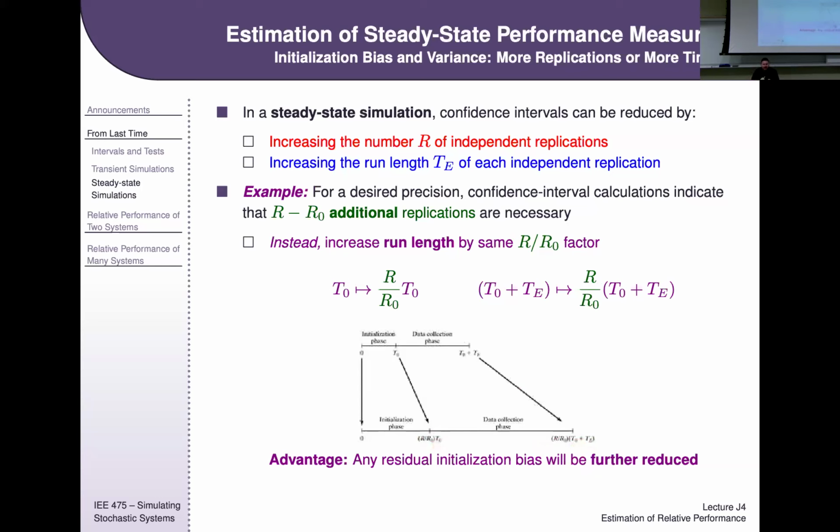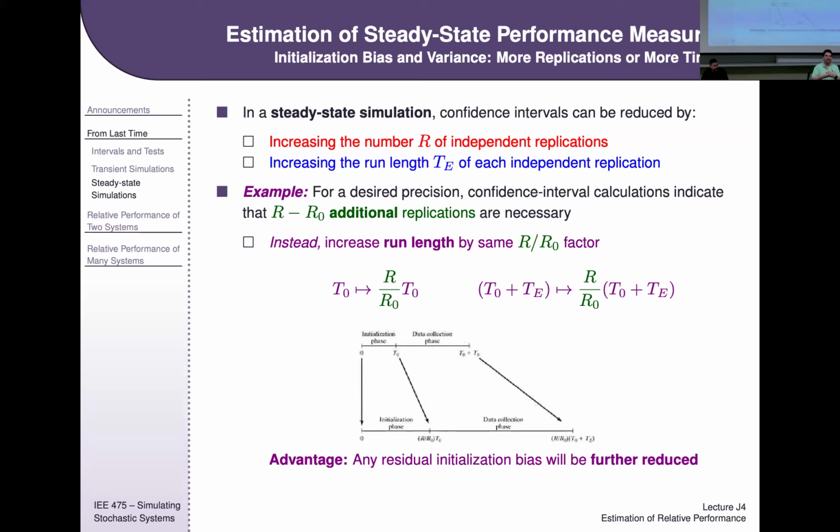And that will give you the same benefit of running 50 replications, but instead of running the extra replications, it reduces the variance by extending the length of each individual replication, and that will reduce the bias as well. So once you have enough replications, increase the length of the replications, you do the same thing, but you also reduce bias. Any questions about that?